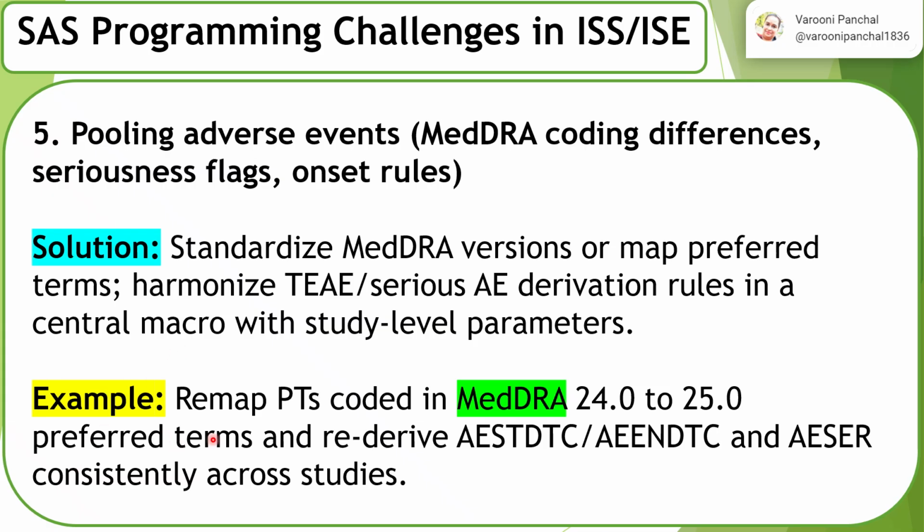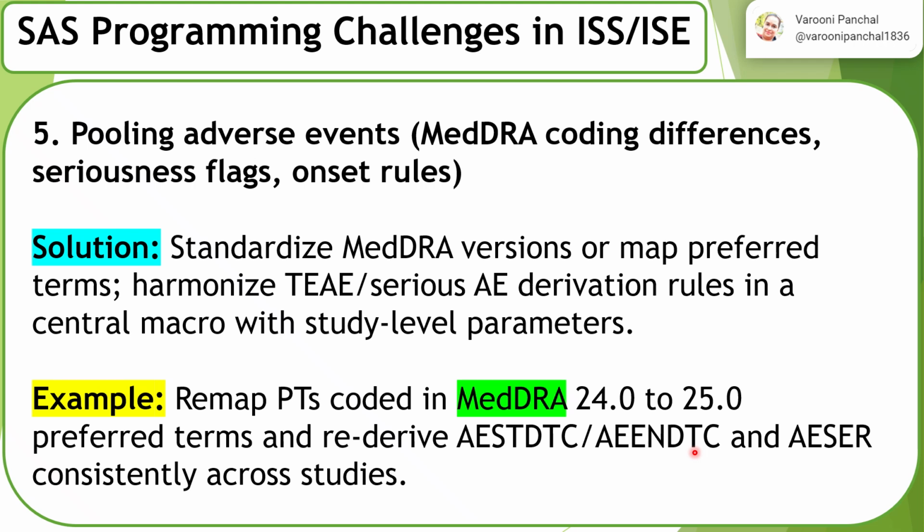So an example is to remap preferred terms coded in MedDRA from version 24 to 25 and rederive the start date, end date and AE seriousness consistently across studies. Say your character end date and start date formats are different: DDMMYY in one study, whereas in some studies it is MMDDYY, and in other studies it is YYMMDD.